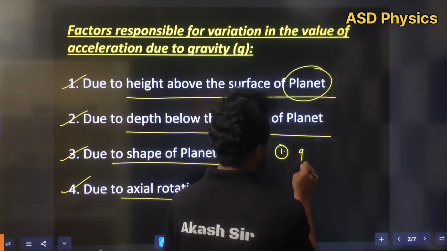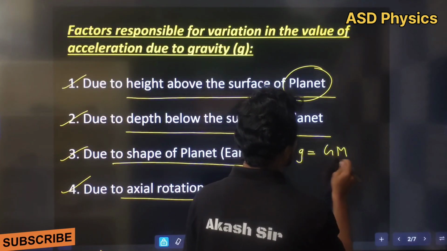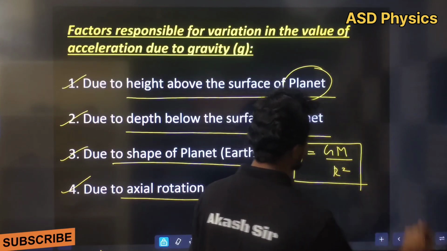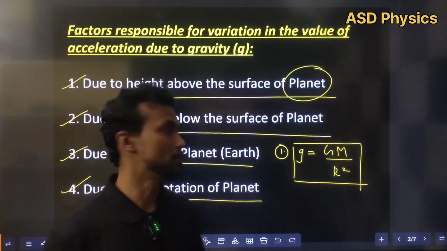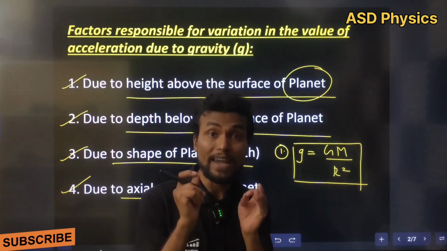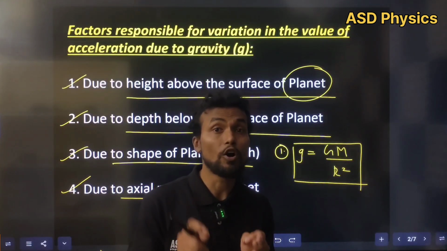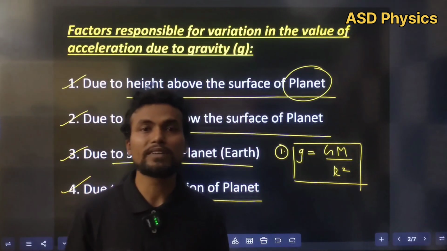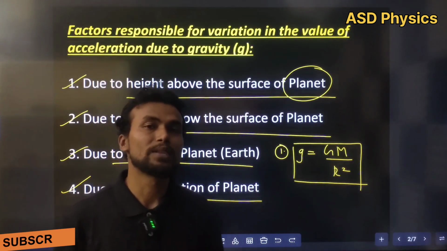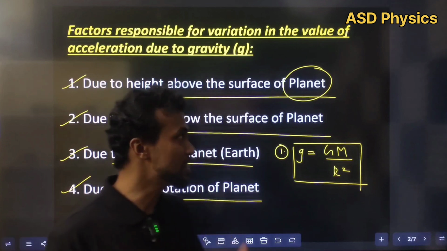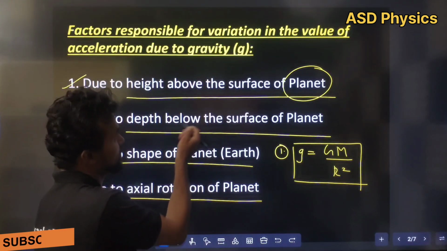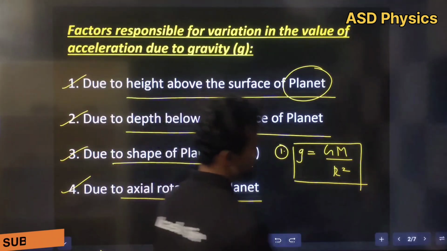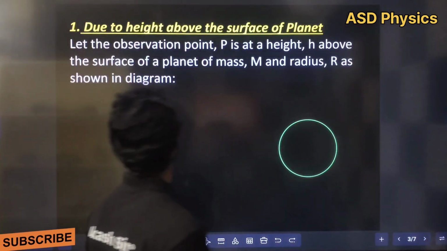This value I will use here: g equal to GM by R square, where M is the mass of the planet and R is the radius of the planet, and this small g is the value of acceleration due to gravity on the surface of the planet. So wherever I am writing g, it means the gravity value on the surface of the planet. Okay, please make sure very well. For other things I will use gh, gd, gs, and gr further. So let's go to the first one here.